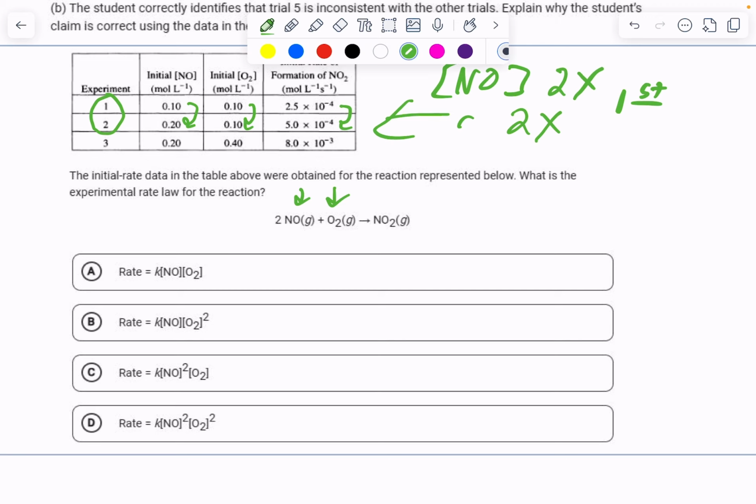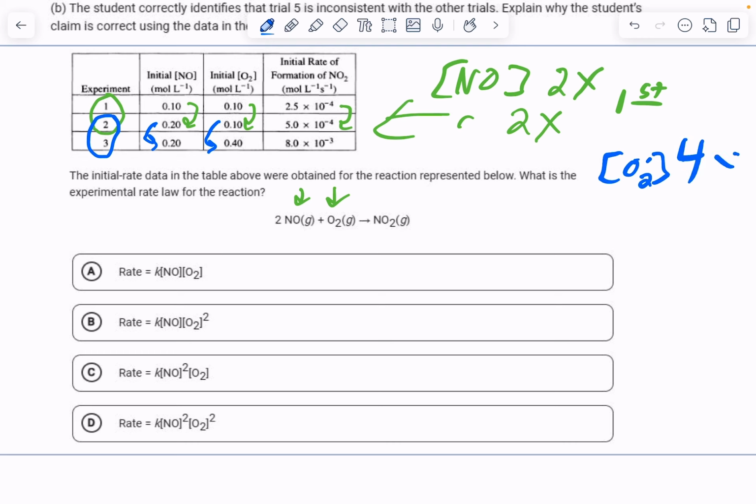Looking again at the data, we need to figure out where does O2 change, but NO stay the same. And that would be with experiments 2 and 3. Here it stays the same, but here the concentration quadruples. It goes 4 times as big. So as the concentration of O2 quadruples, what happens to the rate?